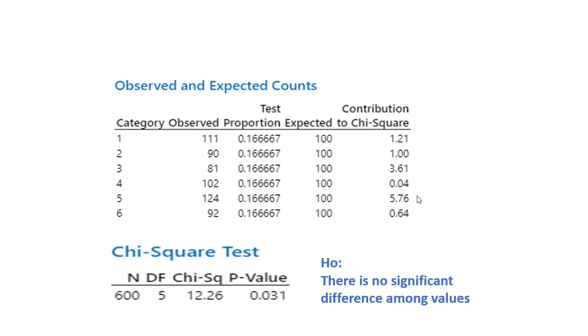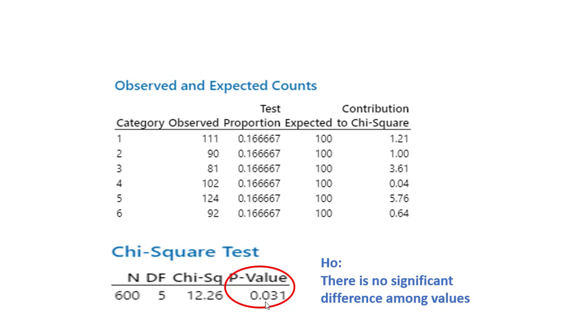Now here we will get the report for the data, and the report will say that we threw the die n = 600 times. We got 5 degrees of freedom. The chi-square that we got was 12.26, as we saw before, and it gives us a p-value. Now that p-value is 0.031.